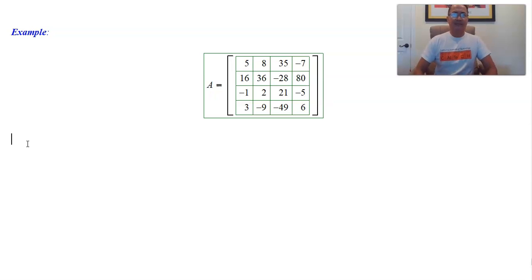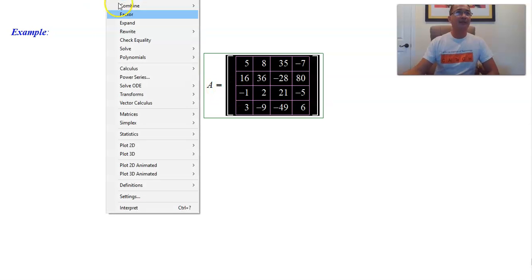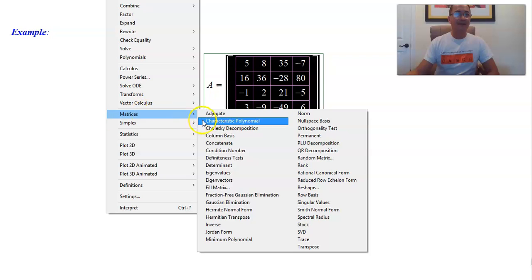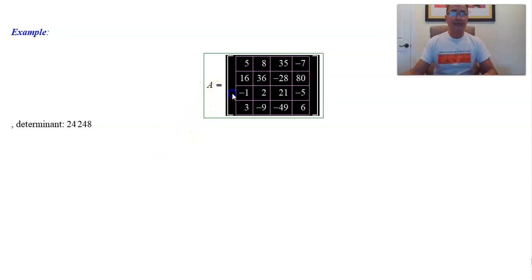Let's start with the answer. Let's cheat. Compute the matrix's determinant. That's ginormous. 24,248.